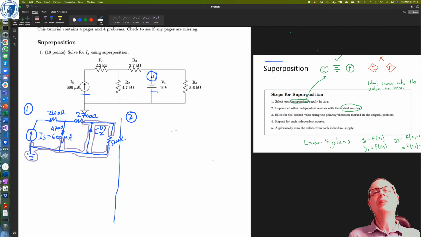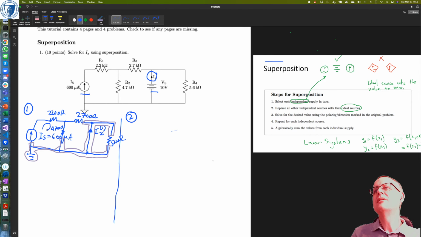So the voltage on one side of that 5600 ohm resistor is the same as the voltage across the other side. Okay, so then we need to do some work. It's not that much work, but it's a bit of work.